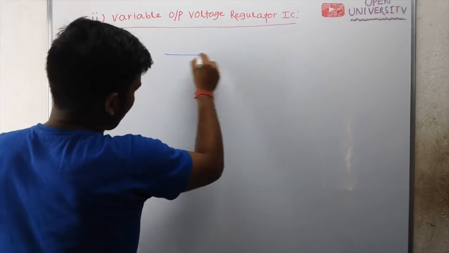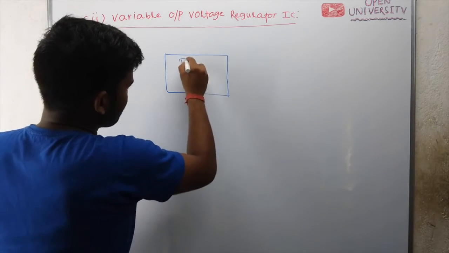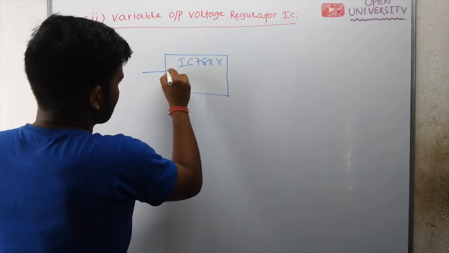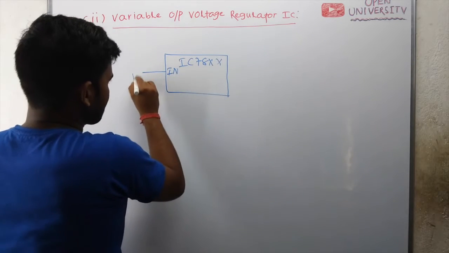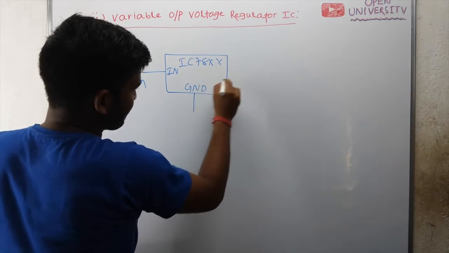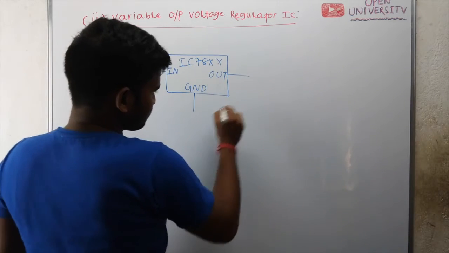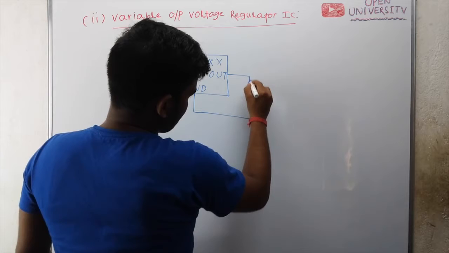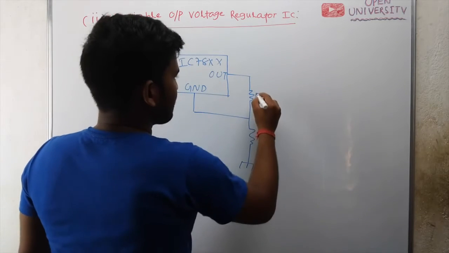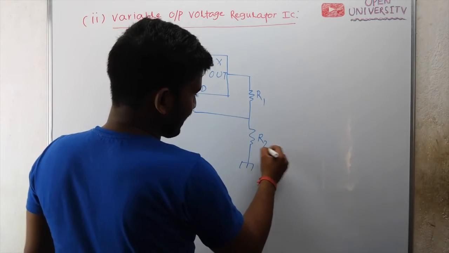See, this is your IC78XX, for example. This is your input pin, and this is your input voltage. This is your ground terminal or ground pin, and this is your output pin. This is your R1, and this is your R2.